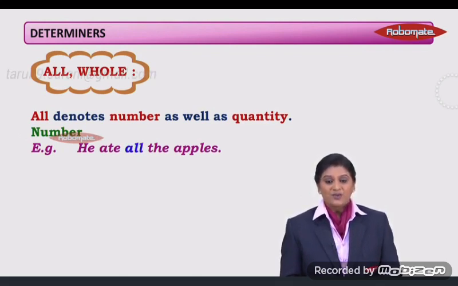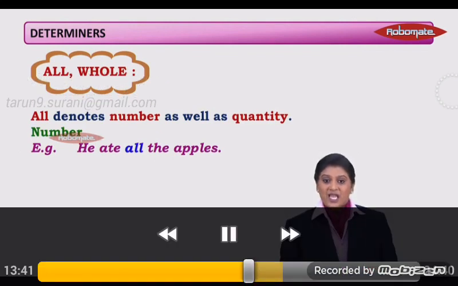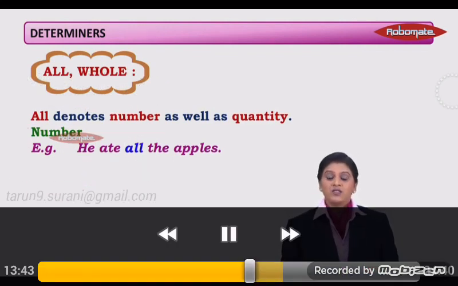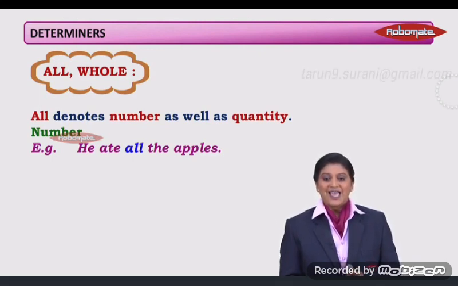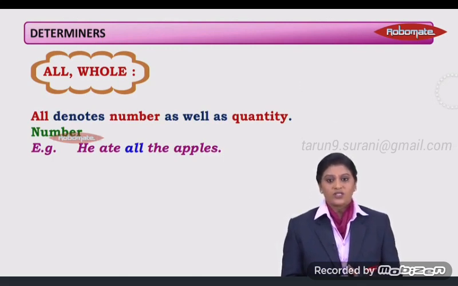When it comes to nouns, we can count apples, and thus apples becomes a countable noun, and all precedes it, and that shows the number of apples. Okay, so all the apples, whether 10 or 20, were all eaten by him.